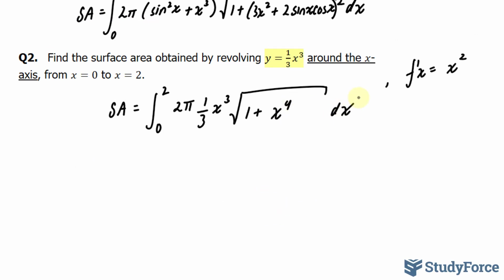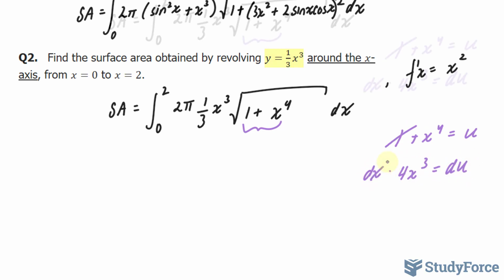To integrate this, we'll need to use u-substitution, which is where I substitute this part of the equation with the letter u. I take the derivative, where I end up with du equals 4x to the power of 3 dx.